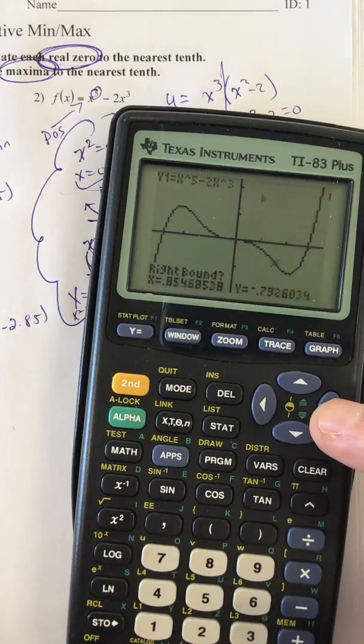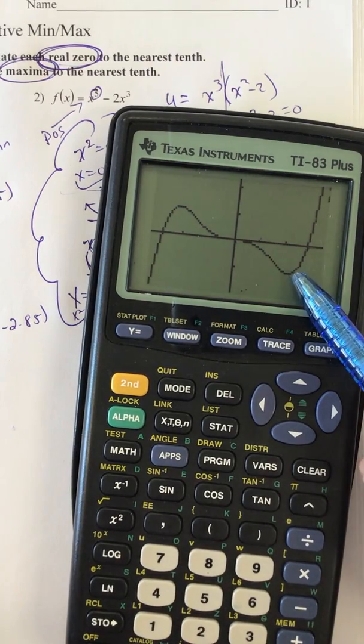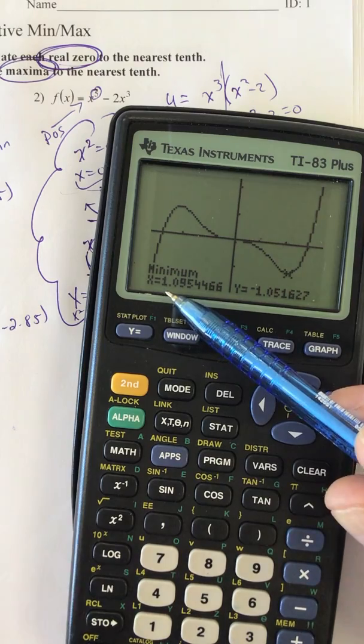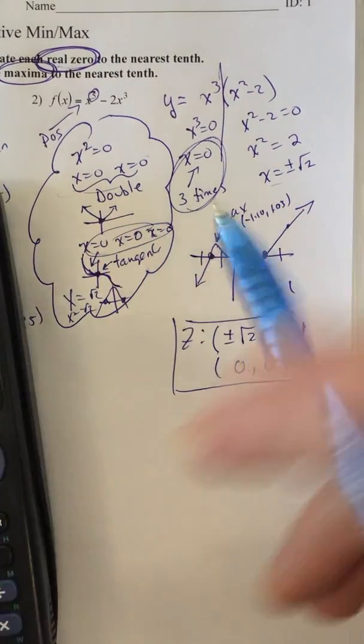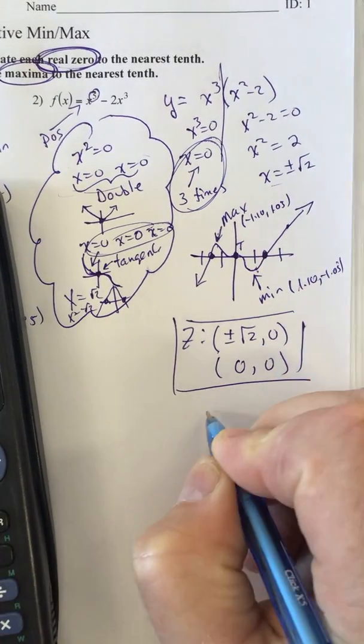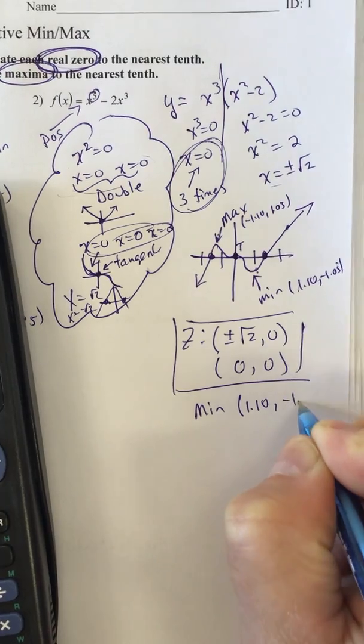I just need to get to the right. Okay, now I'm to the right of that one, and I hit enter, and it will find the smallest value between those two spots. Yeah, positive 1.10 and negative 1.05. So the min is at 1.10, negative 1.05.